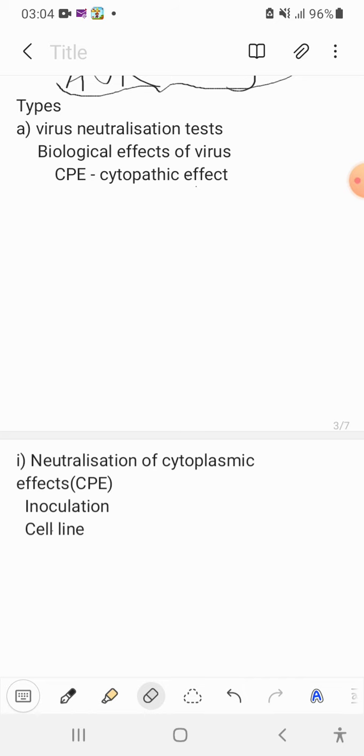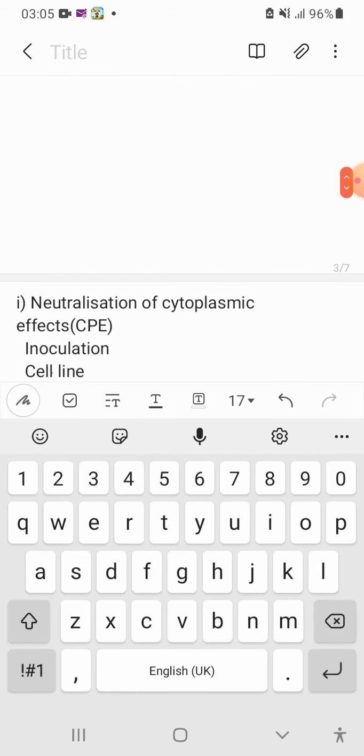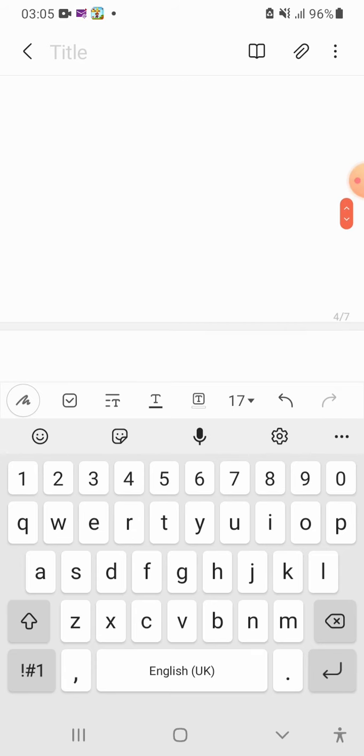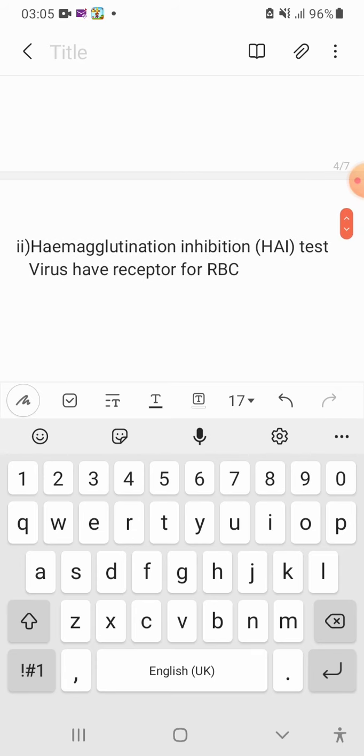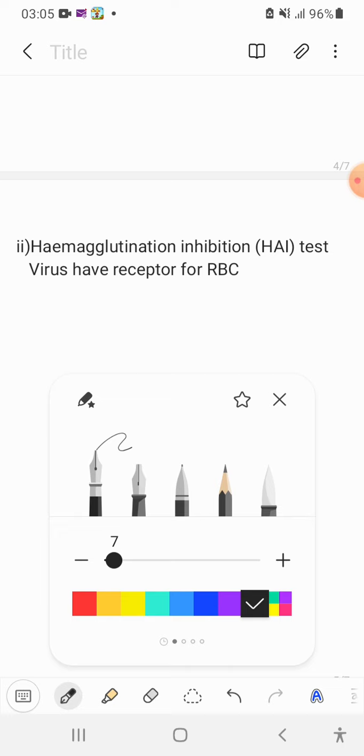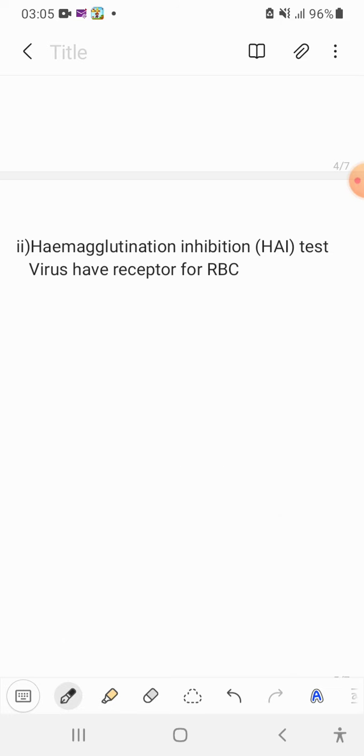Another biological effect of the virus is agglutination of red blood cells by a virus. We learned about agglutination. A virus can cause agglutination of particular red blood cells, because some virus particles have receptors for red blood cells.